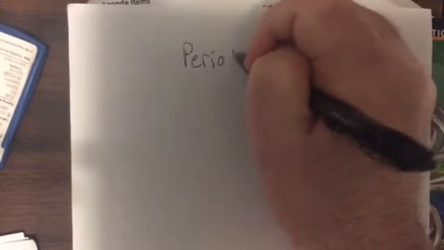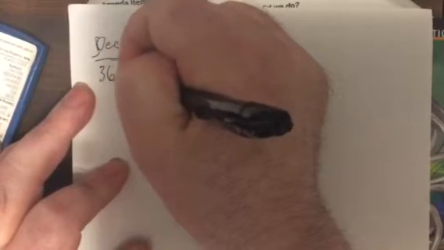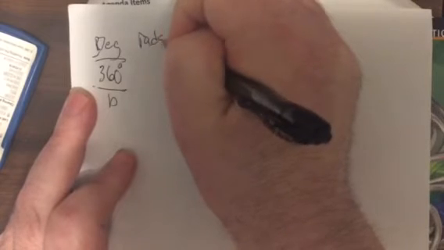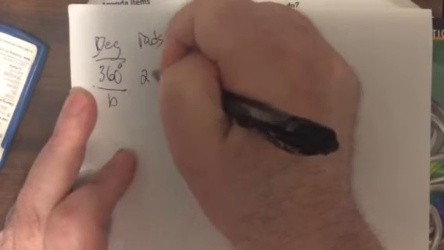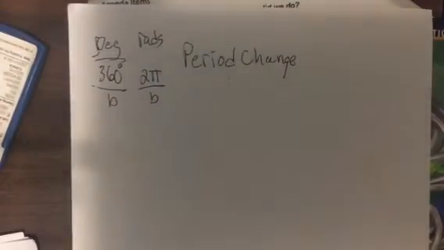Now, a period change. Remember, with degrees, you go, well, good land, 360 divided by your b. Well, with radians, what's 360 in radians? 2 pi divided by b. Then you divide it up into fourths.